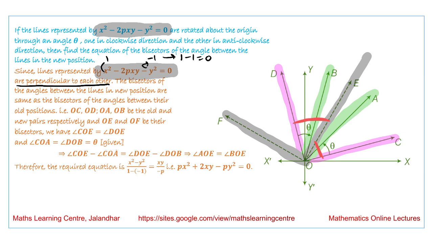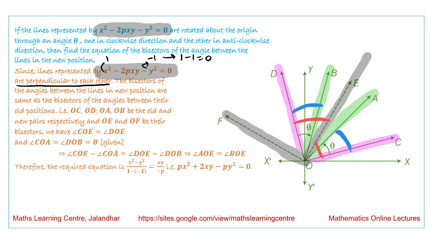Similarly, when we are talking about the angle COA and the angle DOB, these two angles are equal to each other. It is given in the question.